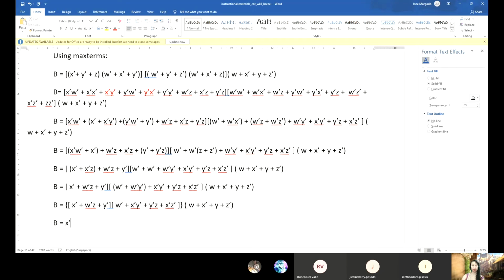X prime, but then x prime y prime plus x prime y prime z plus x prime z prime, plus, distribute w prime z, w prime z, w prime x prime y prime z, plus w prime y prime z, plus w prime x prime z prime. Tama ba? Please check, class.